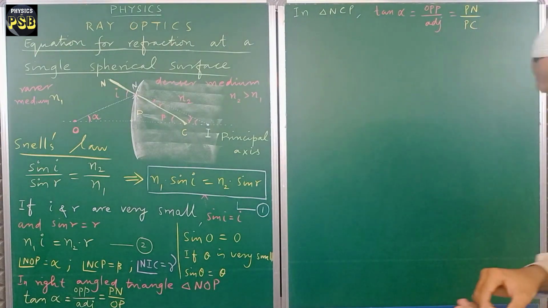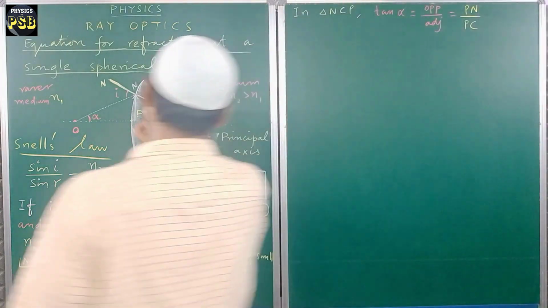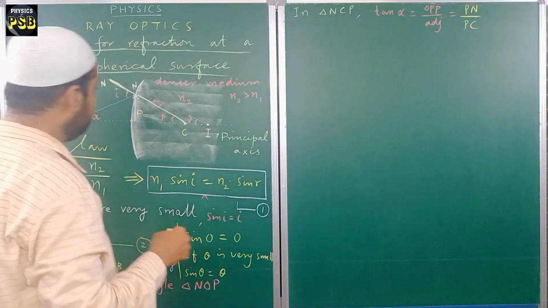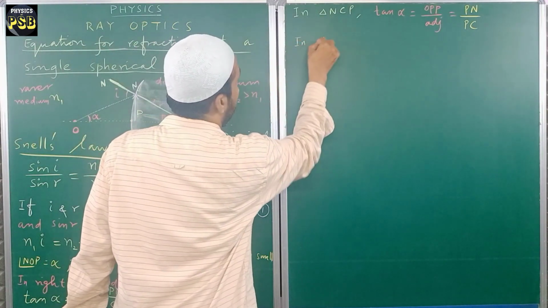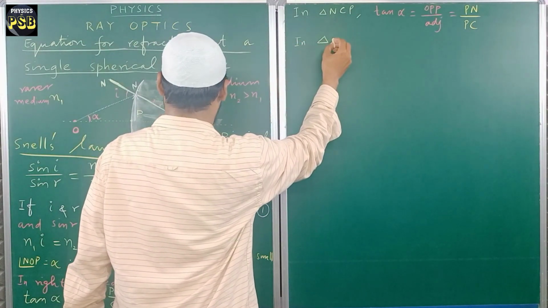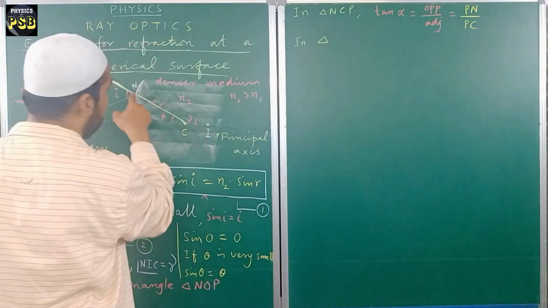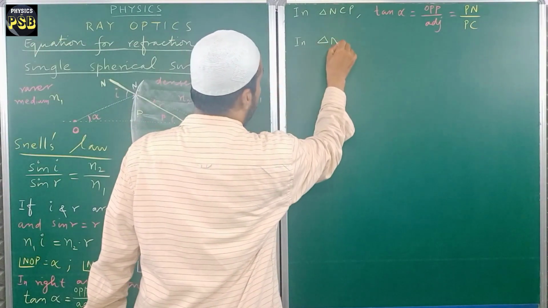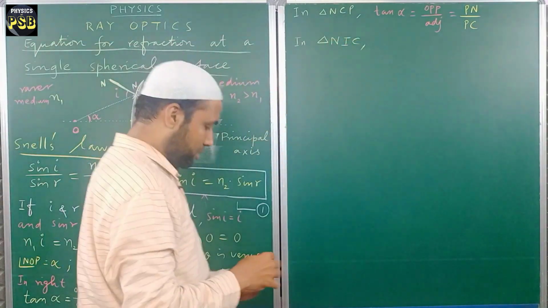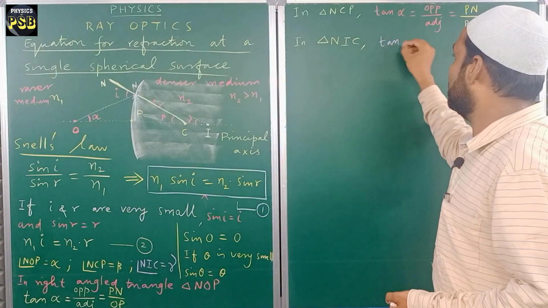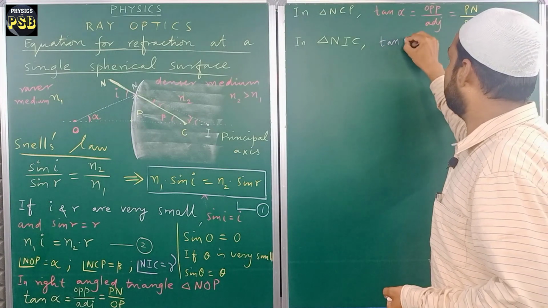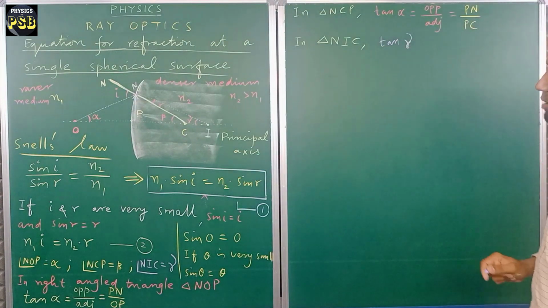Next I take the third right angle triangle in the diagram. This is NIC. In the right angle triangle NIC, tan of gamma. Here I have done a small mistake.